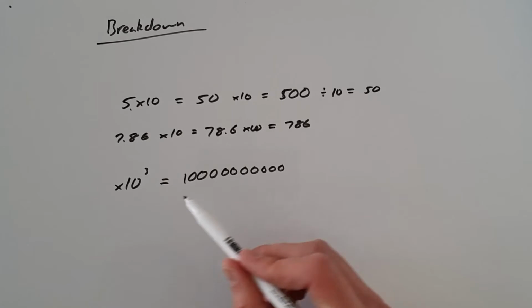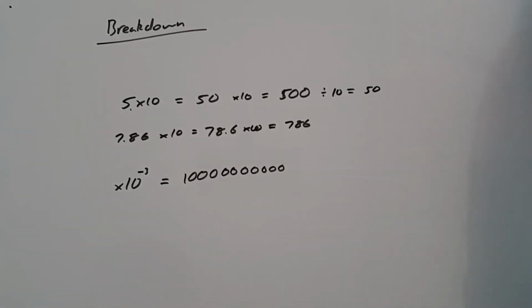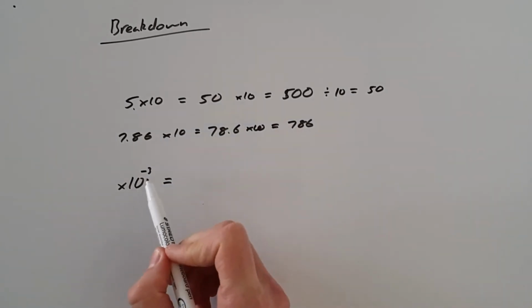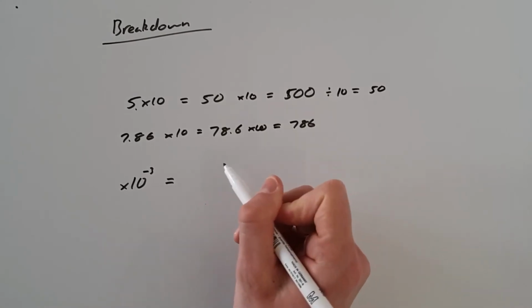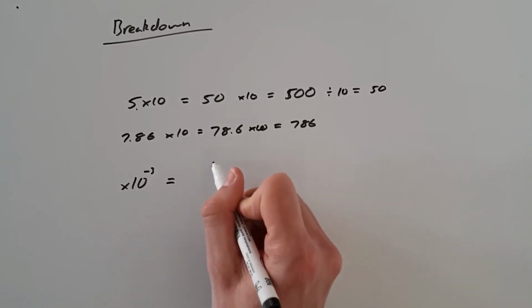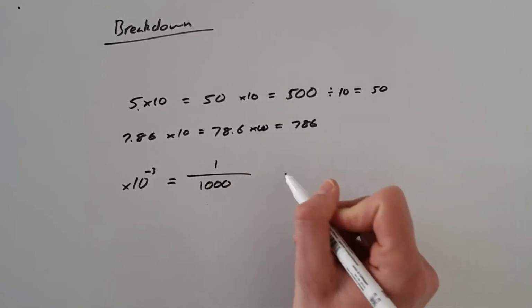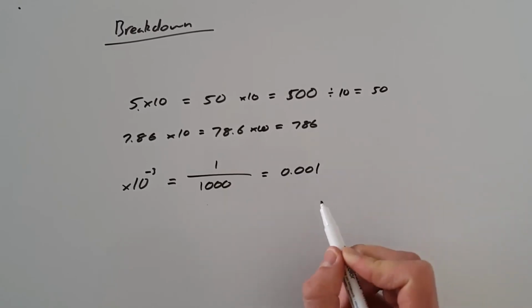And of course, if we have a negative 3 here, what we'd actually have then is, so 10 to the power of minus 3. So you can see this in another video of mine where we were looking at powers, but this would actually be 1 over 1000, which is the same as 0.001.